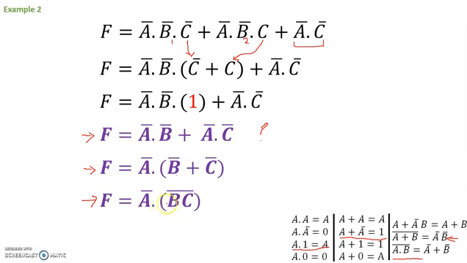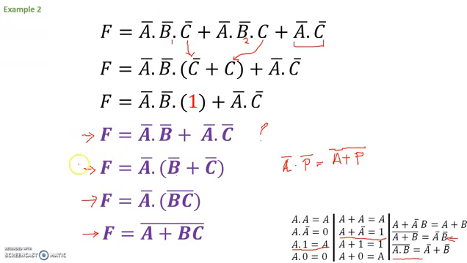So not A ANDed with not P is the same as A or P with a bar over it, or A NOR P. So we could write this as A or BC and a bar over it. Okay, so any of these four expressions in purple are valid and correct simplified Boolean expressions for the original expression we started out with. All of these are correct.